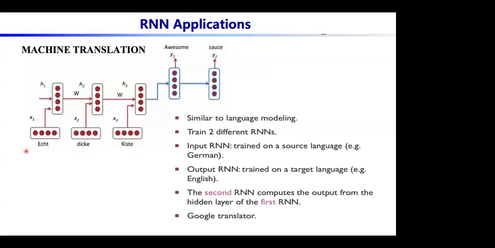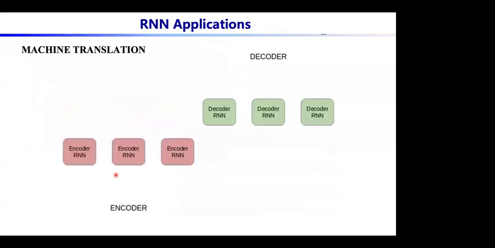Obviously, this is many to many, also because there's no one-to-one correspondence of the first word of one language with the first word of another language. Even the number of words could be different. So that's why we should have this kind of architecture for machine translation.